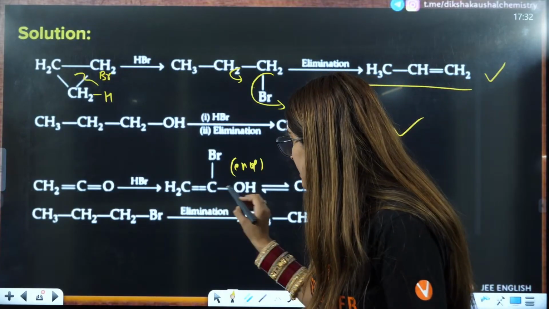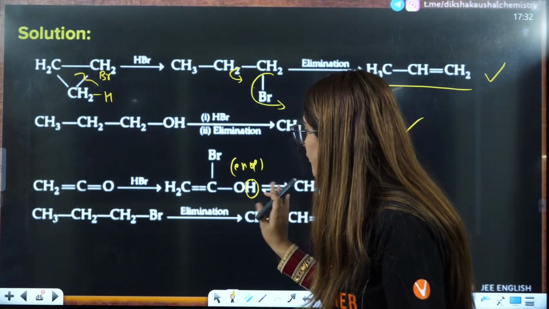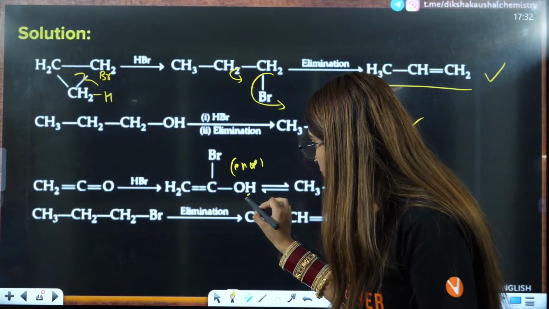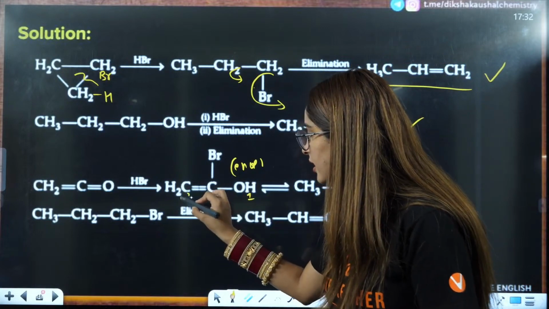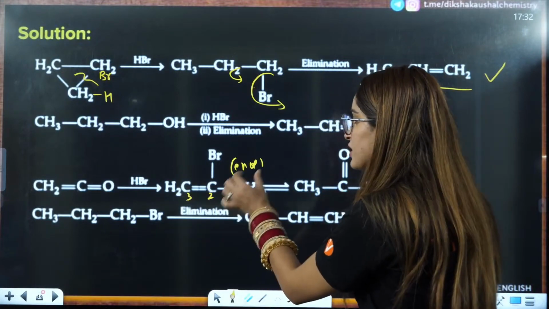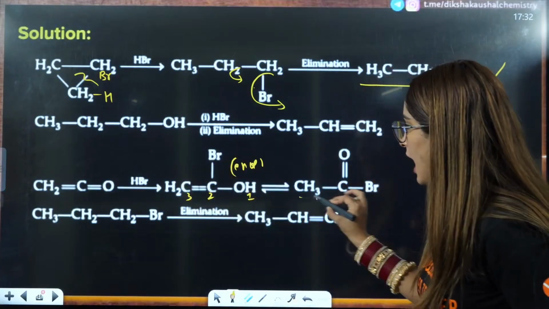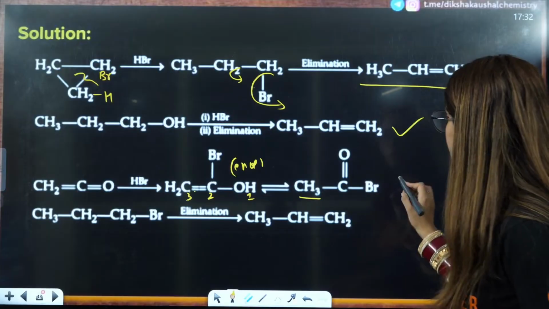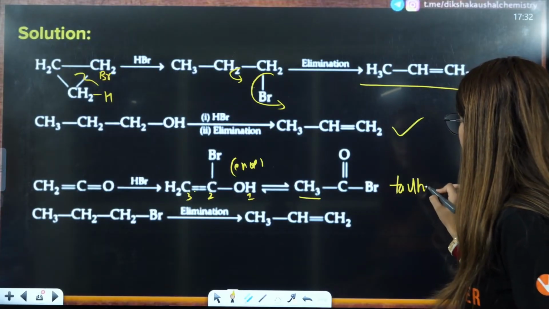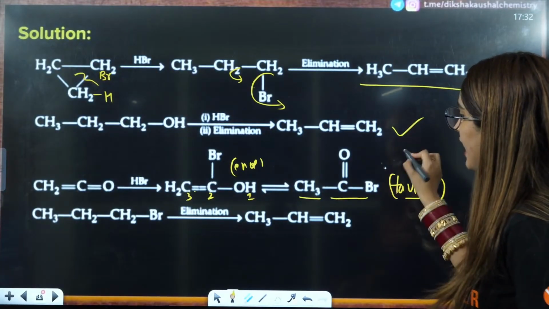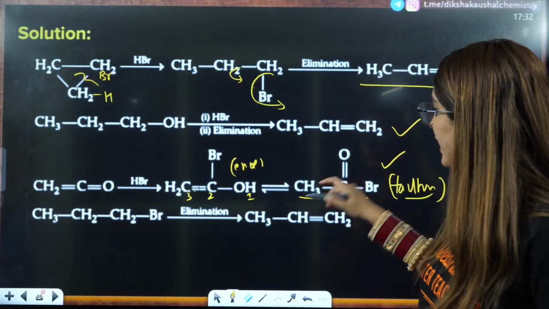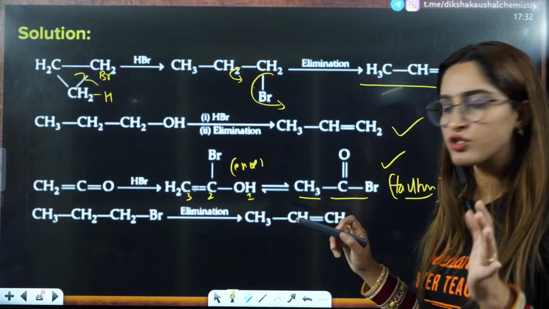Since this is the enol form, tautomerism will occur here. You will have positions 1, 2 and 3. The double bond will shift here, and hydrogen will shift here. That means proper tautomerism will occur, and hence you will have the formation of a haloketone. That is why here you can't say that you have the formation of propene.